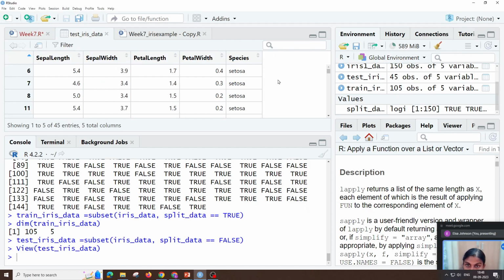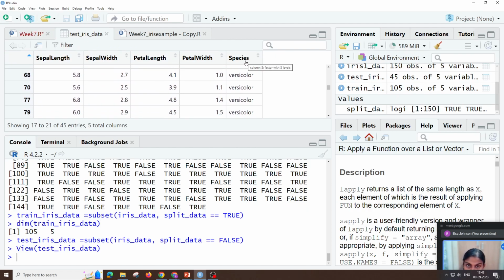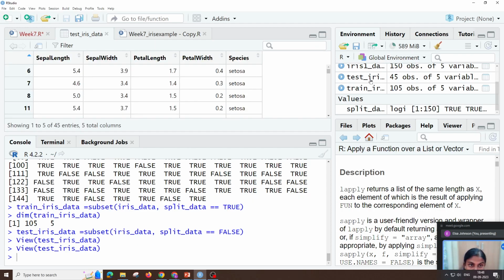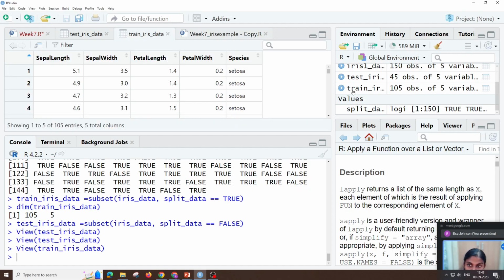Here you can see the test iris set, it also has a factor with 3 levels. The train iris also has a factor with 3 levels.